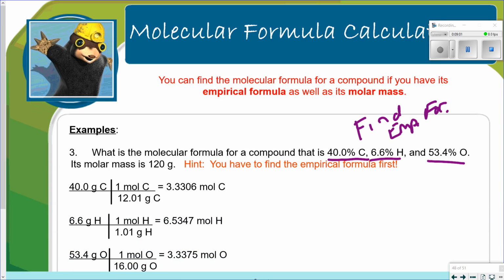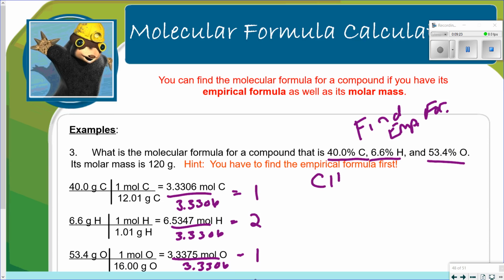Okay. All right, and so we're going to divide by the smallest. All right, and that's going to be 1, that's going to be 1, and then this one's going to be 2. So the empirical formula is 1 carbon, 2 hydrogen, and 1 oxygen.